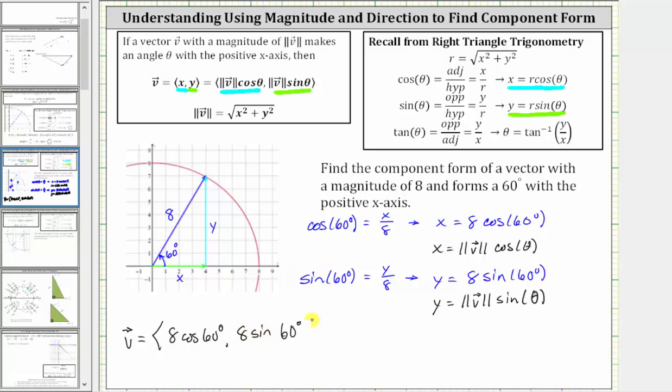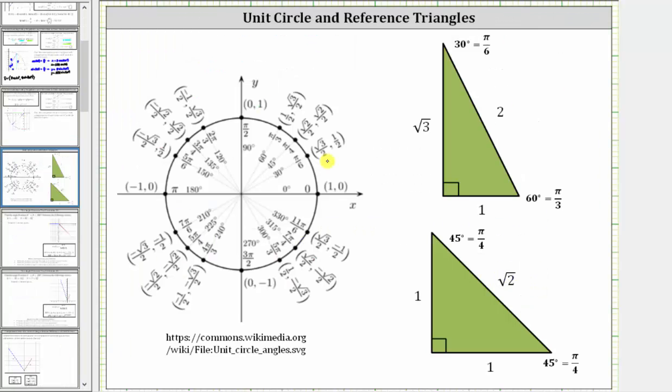And now we need to evaluate cosine 60 degrees and sine 60 degrees, either using a reference triangle or the unit circle. And let's review both. Using the 30-60-90 reference triangle shown here, because we are in the first quadrant, we know both legs will be positive, and therefore the cosine of 60 degrees is equal to 1 divided by 2, or 1/2, and sine 60 degrees is equal to square root of 3 divided by 2.